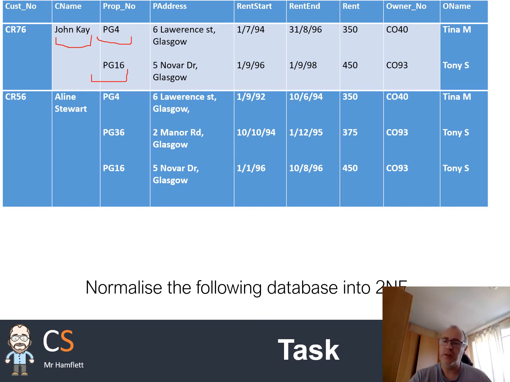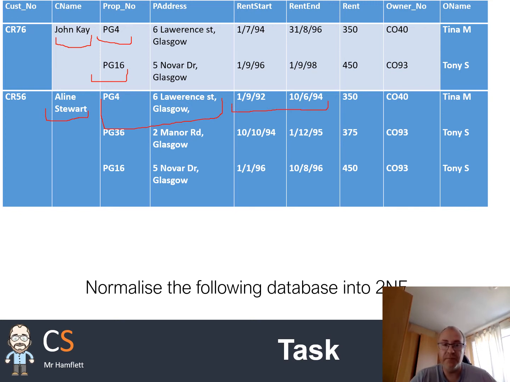Now that property I originally came from is now free for someone else to rent, which is why we've got Aline Stewart here, who is now renting the exact same property as John K, and the difference is they rented it at different times.